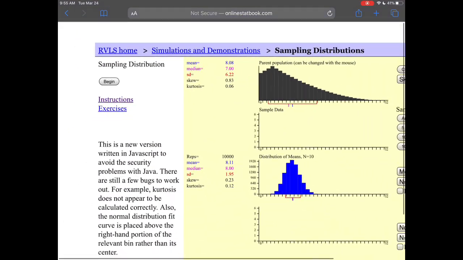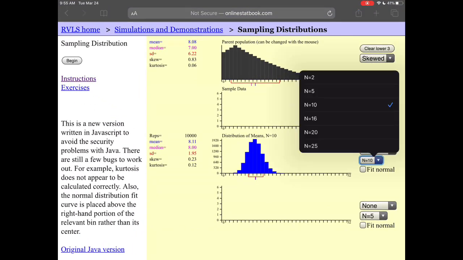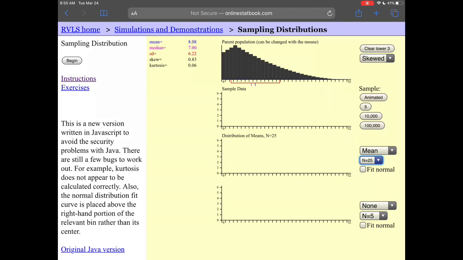And then finally for sample size 25. Notice the distribution got skinnier again. It definitely looks more bell-shaped now, so that's going to influence our graph.